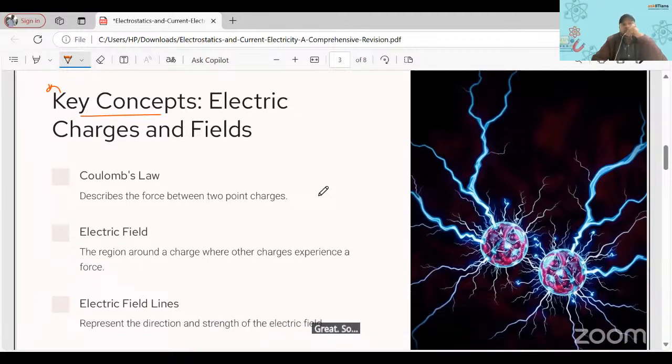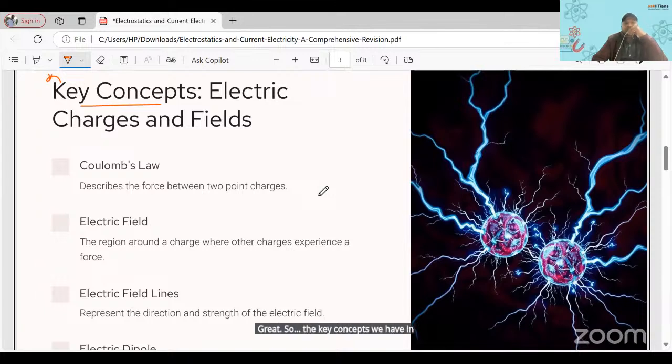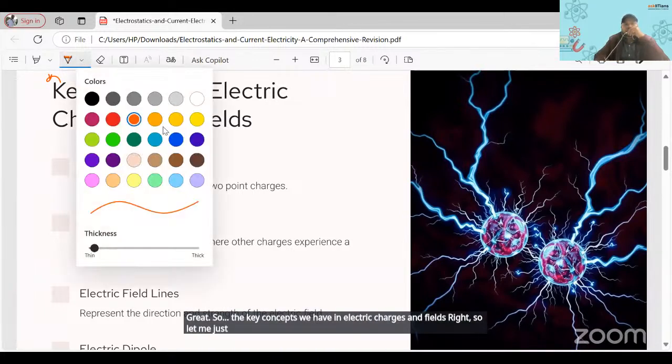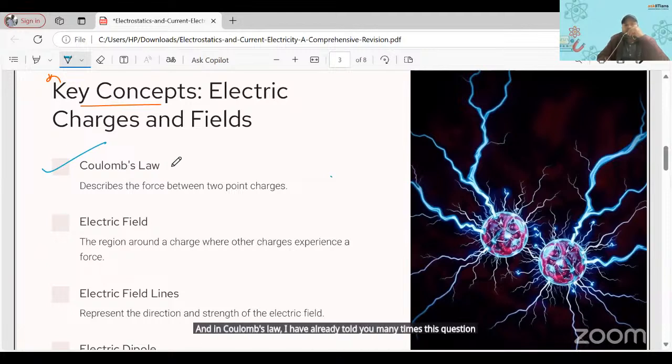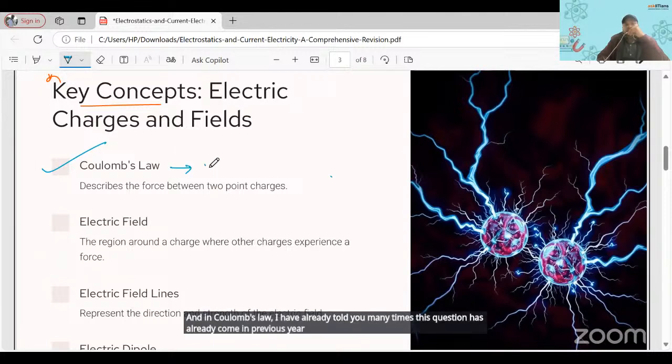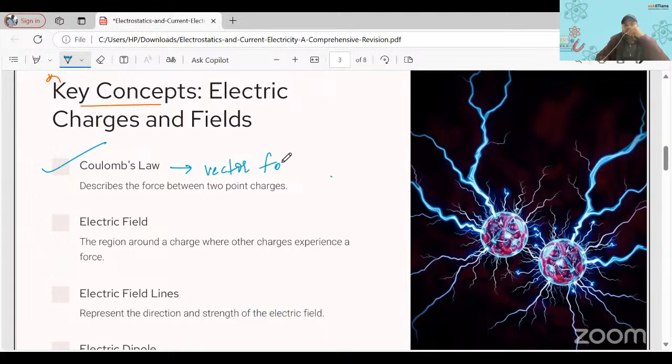So the key concepts we have in electric charges and fields: let me make you remember that it is first Coulomb's law. In Coulomb's law, I have already told you many times, this question has already come in previous year papers. Coulomb's law in vector form.